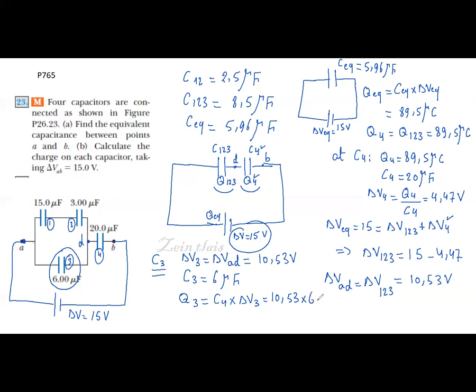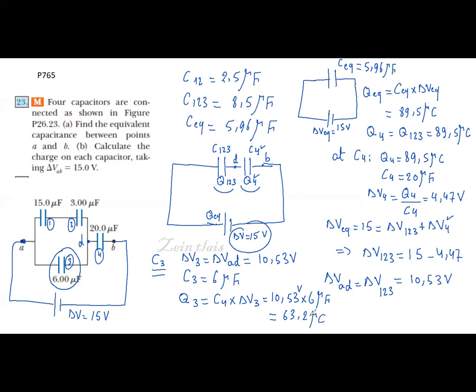Don't forget the unit: microfarad, and this one is volt. We get Q3 equals 63.2 microcoulomb.